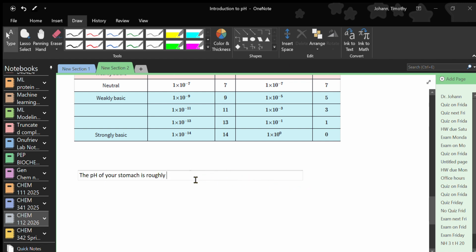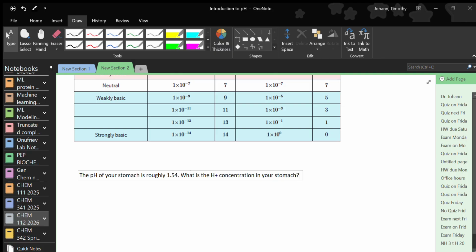But let's say it's roughly 1.54. That's not actually really roughly, okay? What is the H plus concentration in your stomach? Okay, and I'm giving you a real number here about where that is.